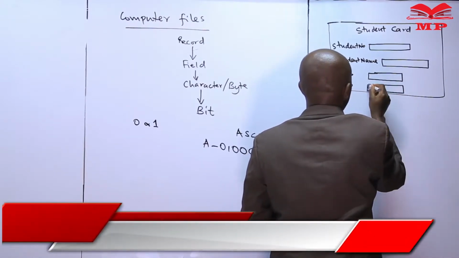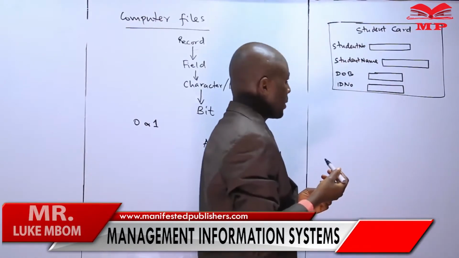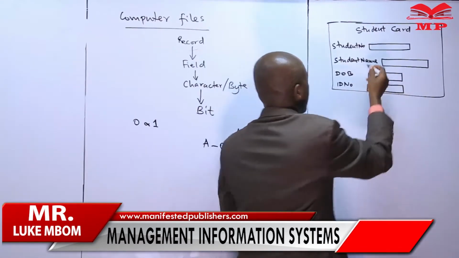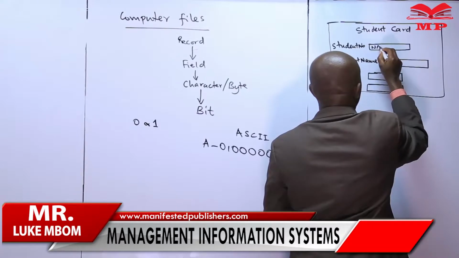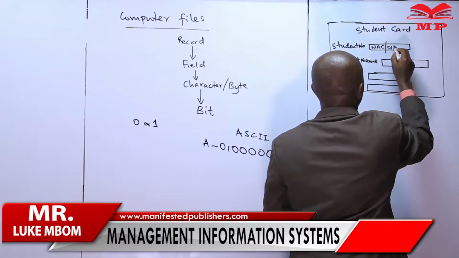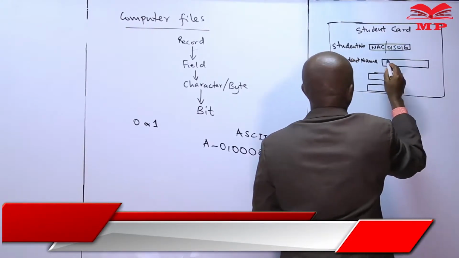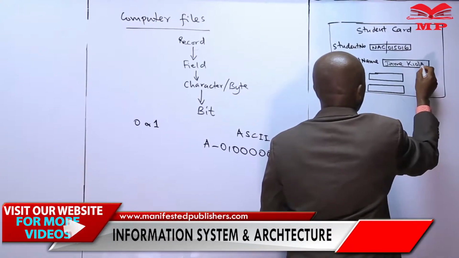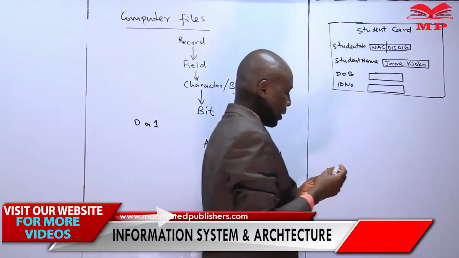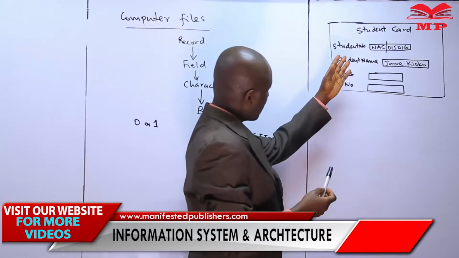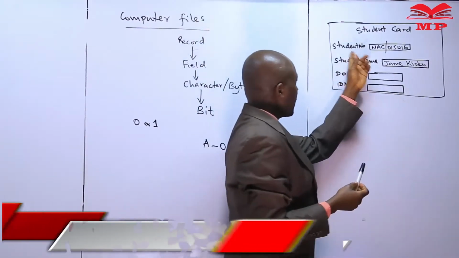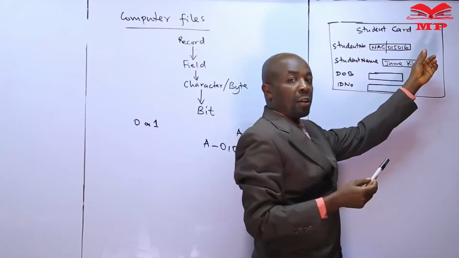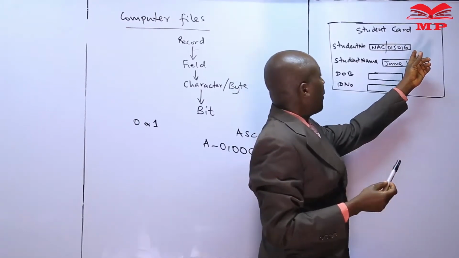For example, the student number could be NAC 015016, and that student could be called James Kyoko. This tells us about the field name, and those are the characters that make up the particular field.